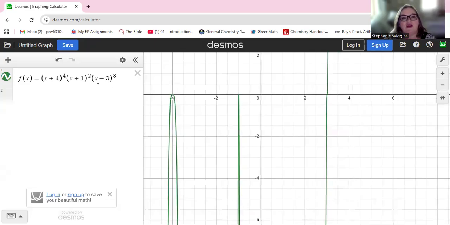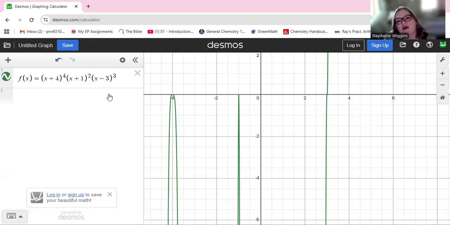But over here at x minus 3, the multiplicity is odd, and therefore it passes through the function at 3. Remember the zeros here: the zero is -4, here the zero is -1, here the zero is 3. And so you're looking at the multiplicity for each factor that goes with those zeros.